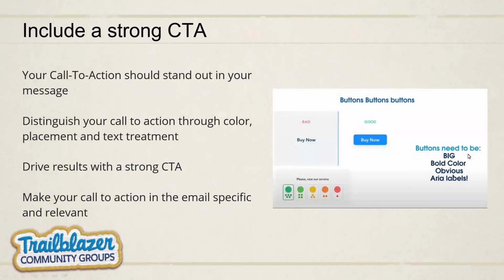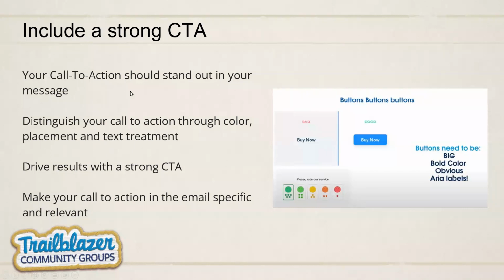And buttons need to be big, bold color, and obvious, and have area labels. And here you see this is also a good example where you see that this is for happy, and this is 5-star, and this red is for not so happy, not happy, and this is 1-star. So looking at this itself, you would know which one is more relevant for your experience. These are some of the tips.